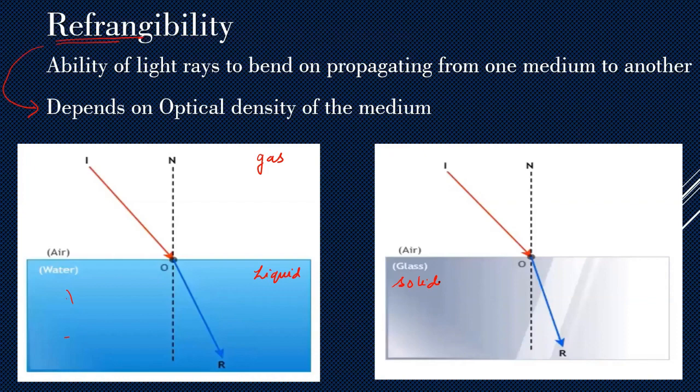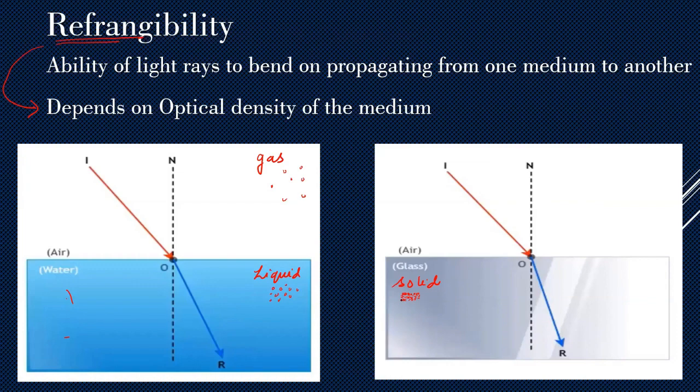In gases, the molecules are sparsely available: one molecule is here, another molecule is there. In liquids, they are a little closer. That's why gases and liquids are called fluids; they can go from one place to another. But in solids, the molecular arrangement is very compact. They are compactly arranged with each other. There is no space for anything to come inside, right?